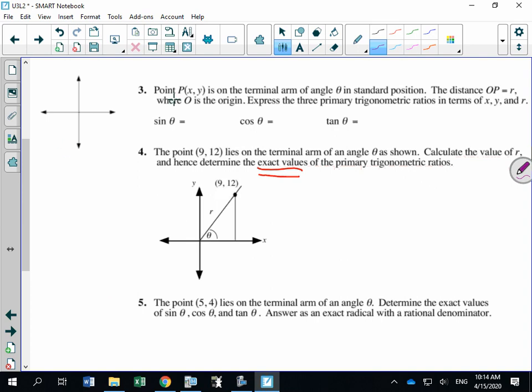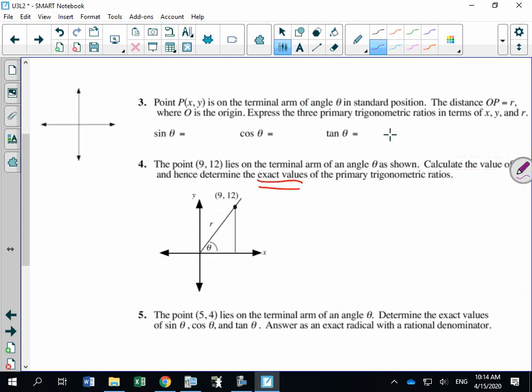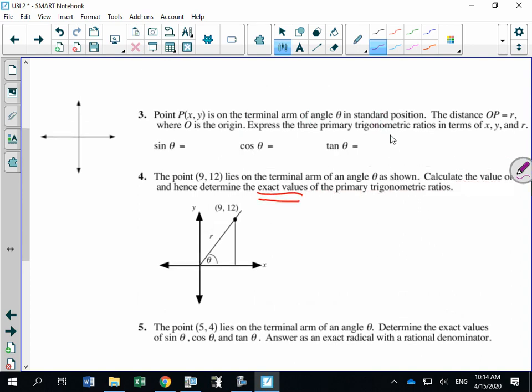Okay, so point xy is on the terminal arm of an angle in standard position. So xy, we're always going to put in quadrant 1. So that's point P, and it's x comma y. Draw yourself that point on the terminal arm. Make yourself an acute triangle, and label your triangle.